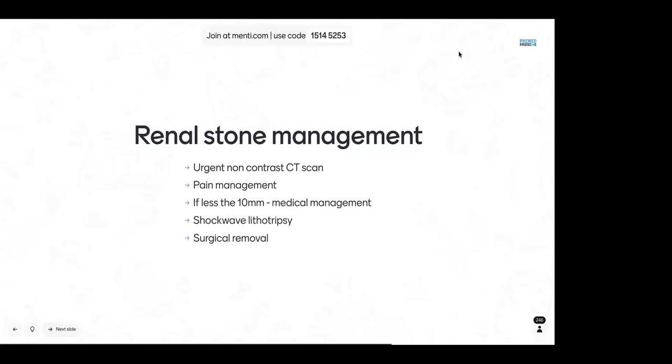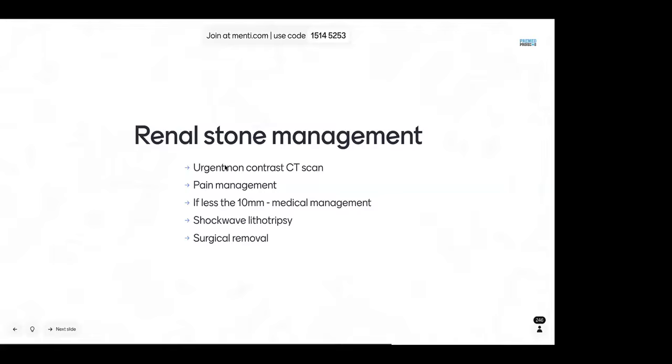So what is the treatment of this? The treatment is to do a CT scan and give some very powerful painkiller medication because it's one of the worst types of pain you can ever get. If it's less than 10 millimeters, you do what we call medical management. Essentially, we wait for the stone to pass by itself because it's considered a smaller stone.